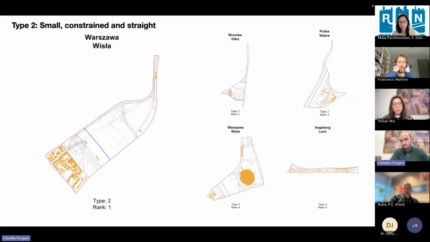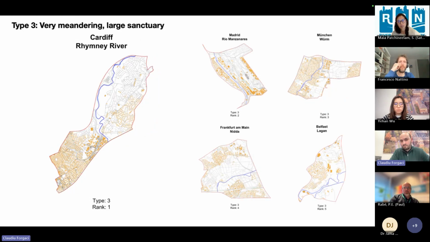But for the second type, you can find the size of the segment is small, and it has a more straight river across it. And for the third one, the river is more curly, meandering, and it also has a large sanctuary area inside this segment.